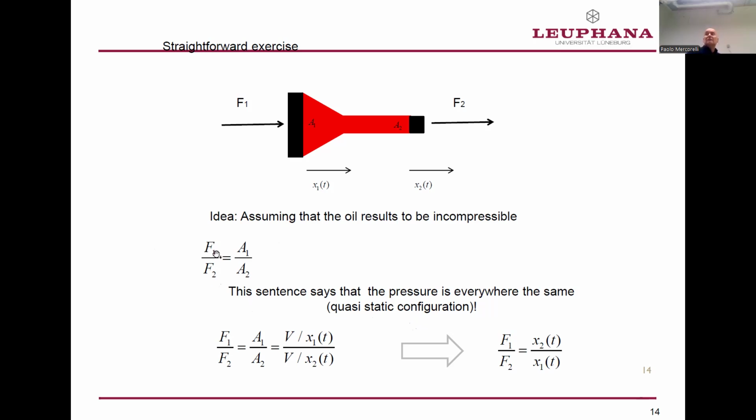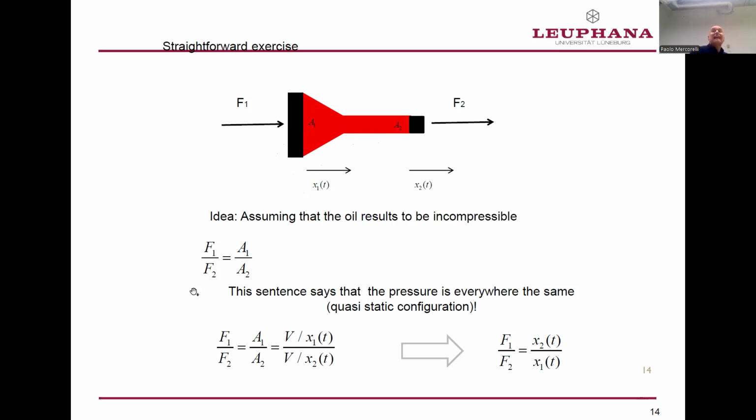Now look, this equation here can be written in this form. Why? Because the surface A1. This equation says, if you consider the volume of the fluid which I move inside here, the volume which I move is not compressible at each time.